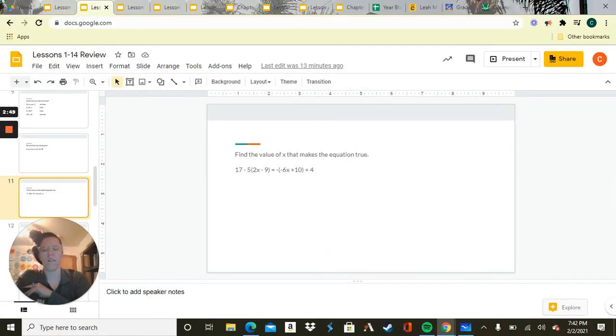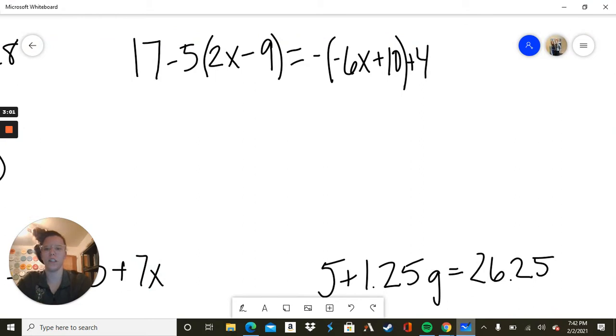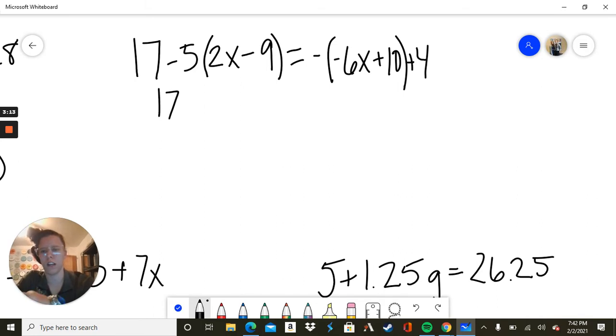Next, find the value of x that makes the equation true. Okay. So how we're going to do that, we're going to find out what x equals. So let's distribute first. So we have 17 on this side minus 10x plus 45. Two negatives cancel each other. Equals, pretend there's a negative 1 here.